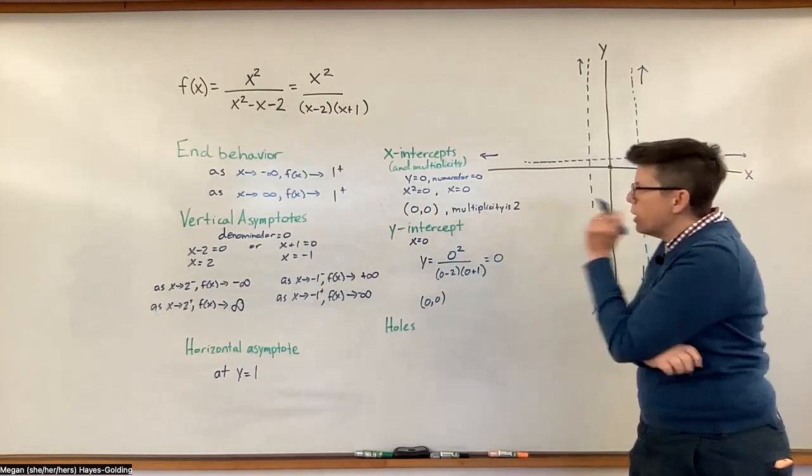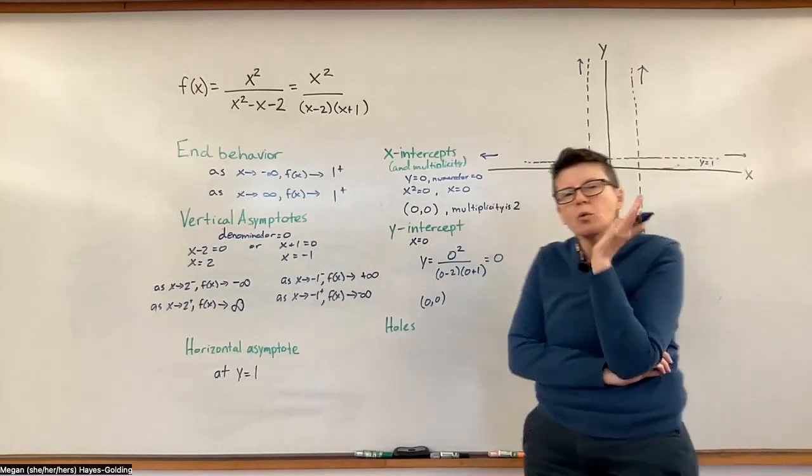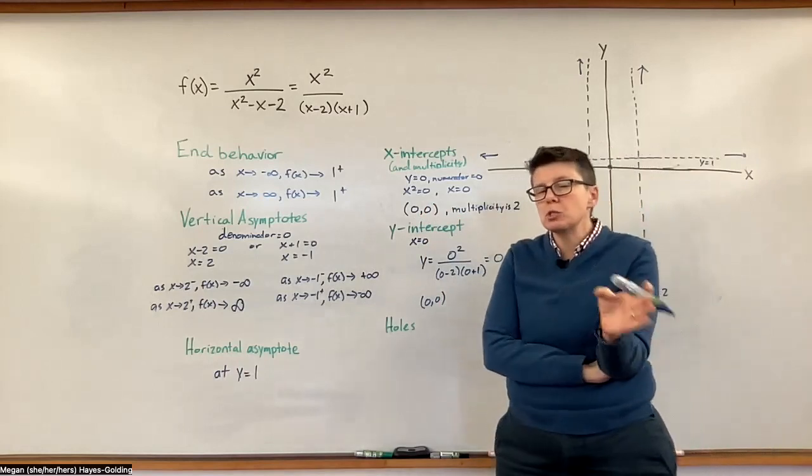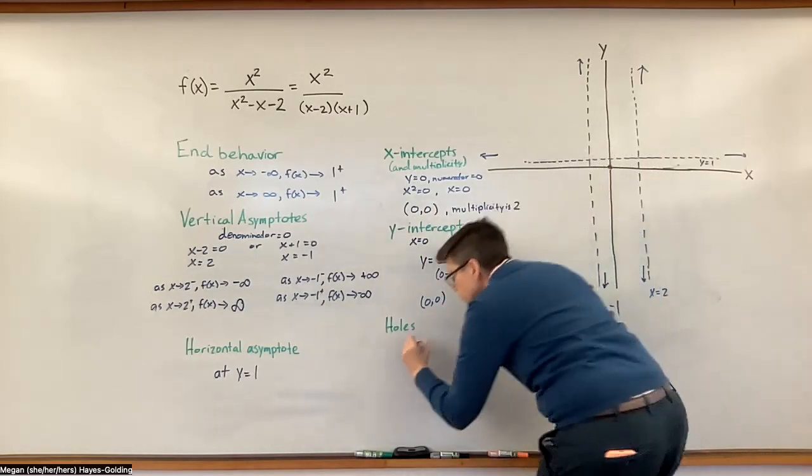Look at the y-intercept now. Okay, so are there any holes? Holes come about when there is a common factor between the numerator and denominator.